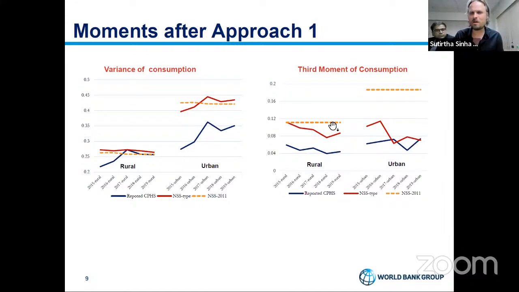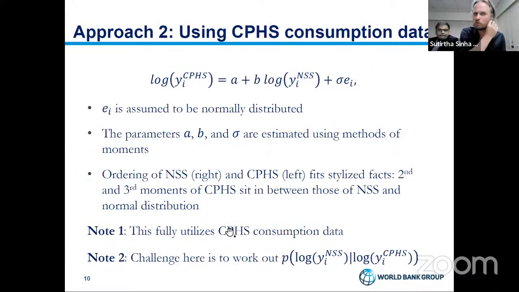The gap seems to be a little bit larger for recent years, but in urban India, the gap is still quite large. There is a marginal reduction in the gap of third moments, but even after reweighting and even after imputing NSS type consumption using approach 1, we still observe a rather notable gap in the third moment. That's partly what motivated us to also consider approach 2.